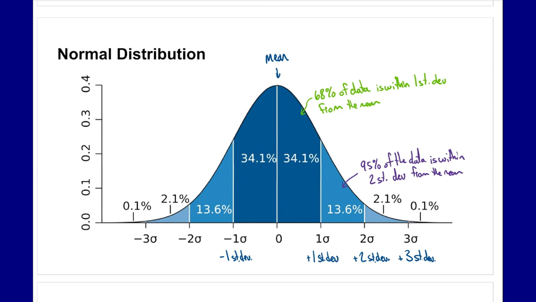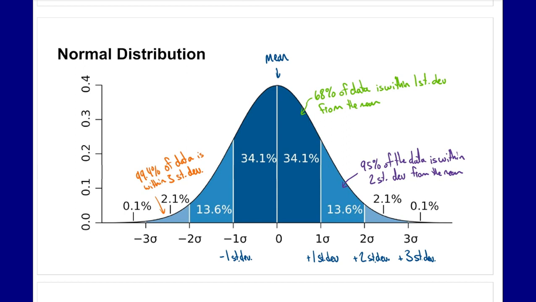In the next section, we're adding 2.1% on either end. So this is telling us down here that 99.4% of the data falls within 3 standard deviations. So basically, the majority of our data should be within 3 standard deviations, plus or minus, from the mean.